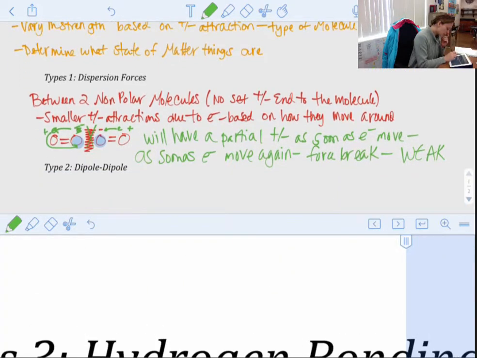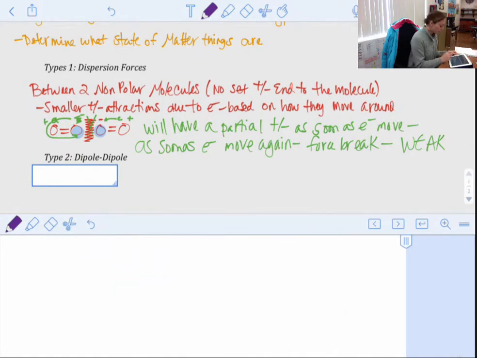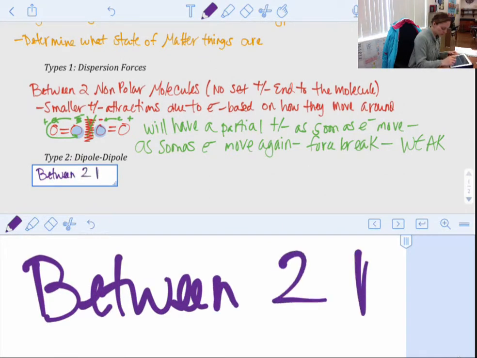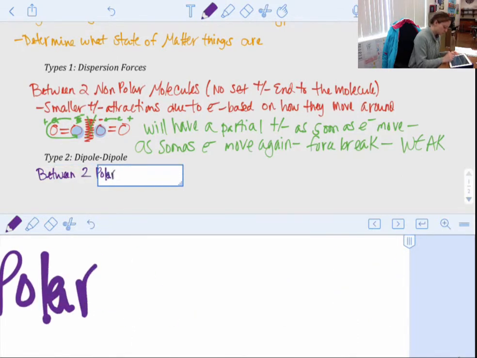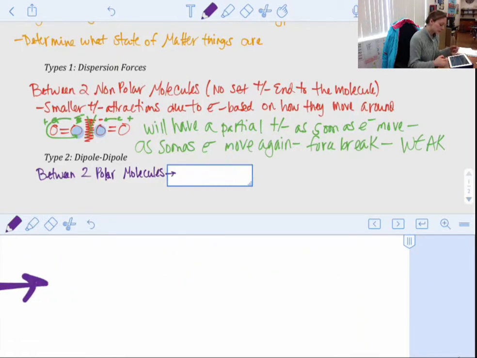Okay, so now on to type 2, which is the dipole-dipole forces. A dipole-dipole is now between two polar molecules. This one's a little bit easier because since it's polar, that means you have a positive and negative end to the molecule.